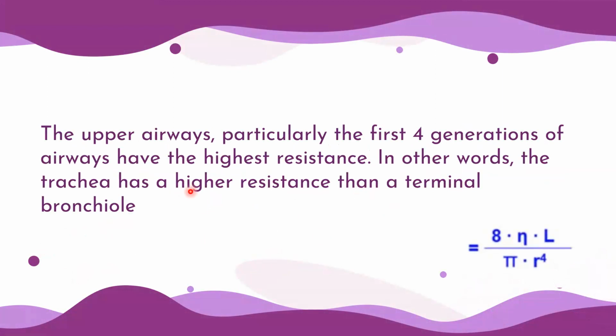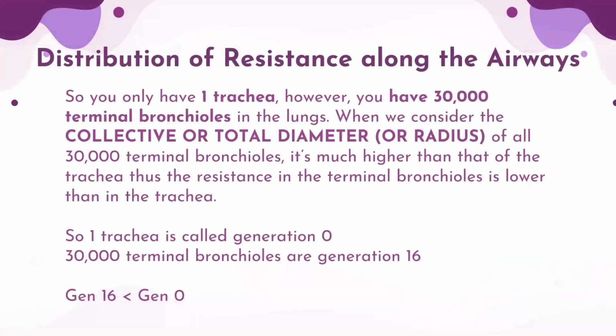Basically, when we say generations, what we mean is that if you look at the trachea, you only have one trachea, and it's considered generation 0. Yes, the terminal bronchioles do have a lower radius.